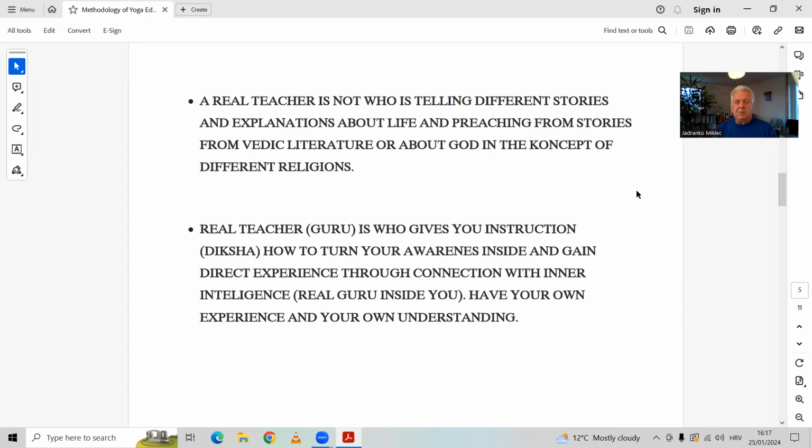And the outer teacher, whoever he is, has the role just to allow you to turn your attention in, to connect with yourself, not to be passive, but to be attentive, to be aware of your inner life, experience it, understand it, and learn how to be the master of your life.